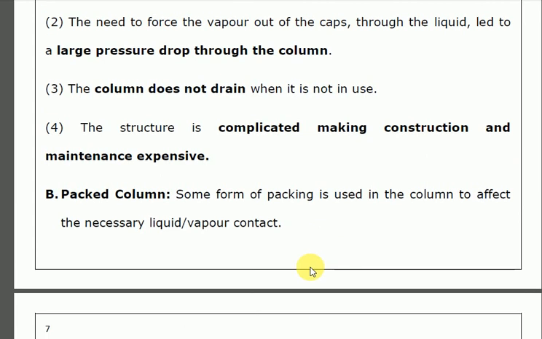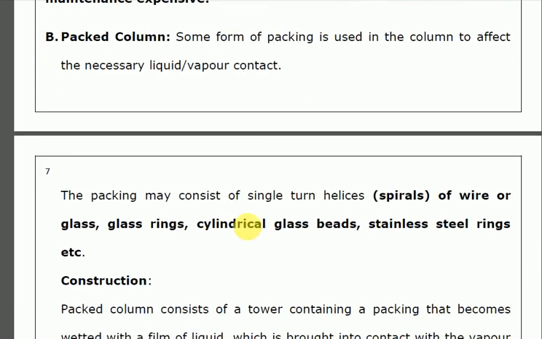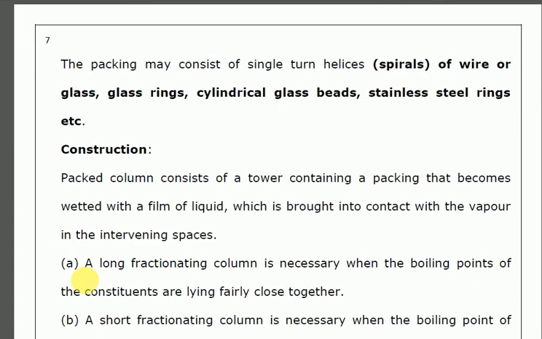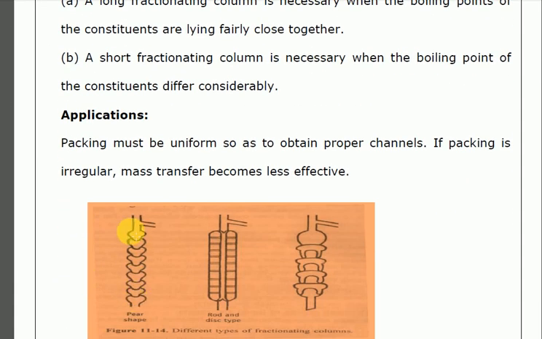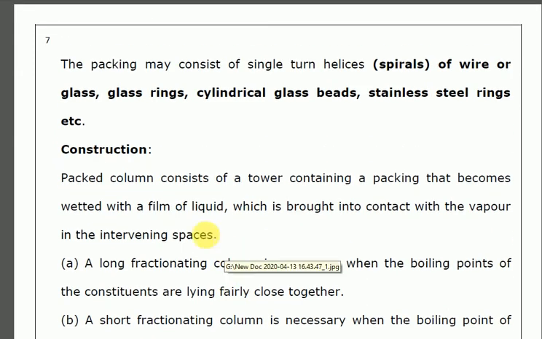Now the second is the packed column. Some form of packing is used in the column to effect the necessary liquid and vapor contact. There can be glass rings, glass beads, or stainless steel rings used in between. Now, construction.